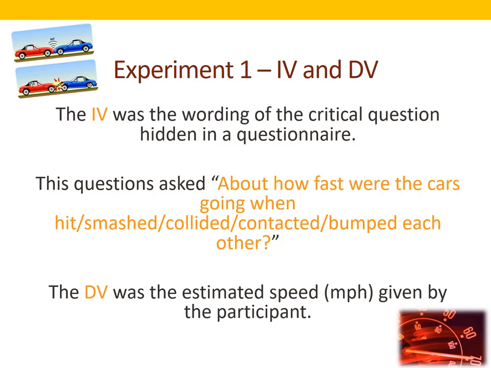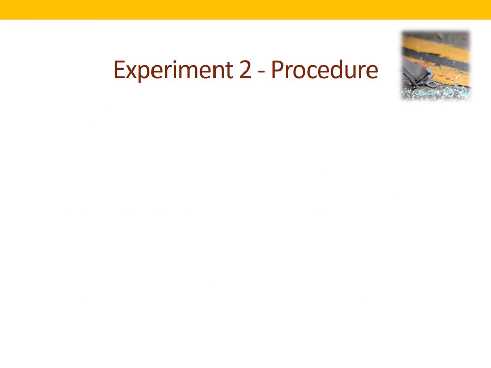And the DV is the speed estimated on that question in miles per hour. Okay, so that's what happened in experiment 1.